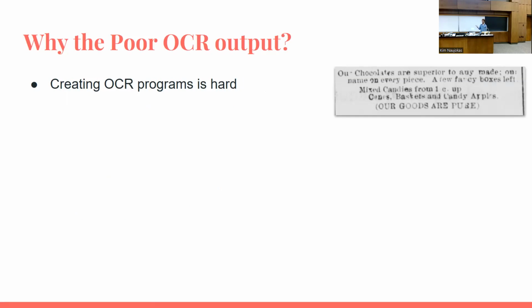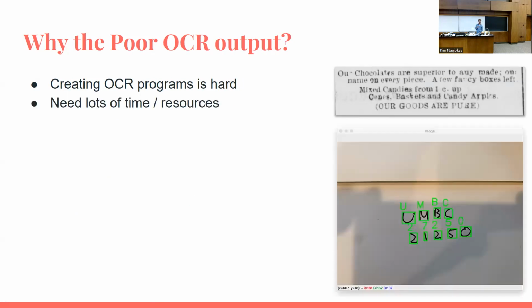But another reason that the output is likely so poor is that it takes a lot of time and resources to create strong OCR programs. And that's likely something the Library of Congress just doesn't feel the need to do, more or less. It would take a lot of incentive to highly improve this program.